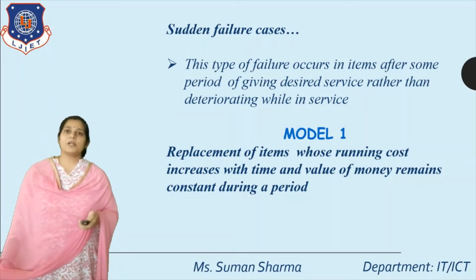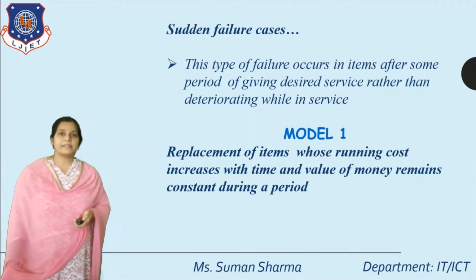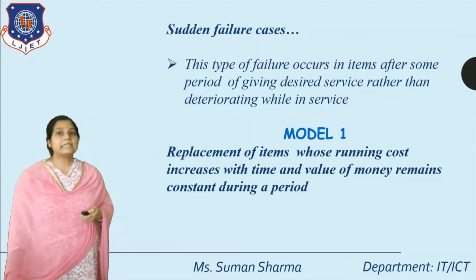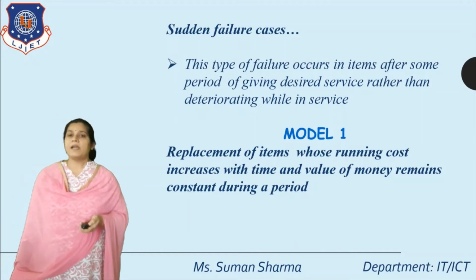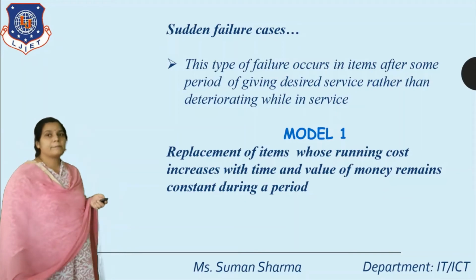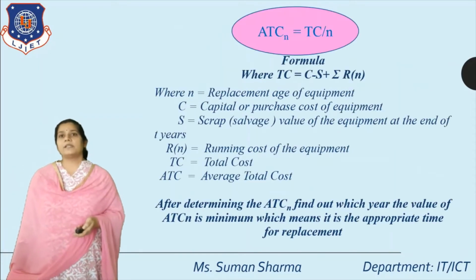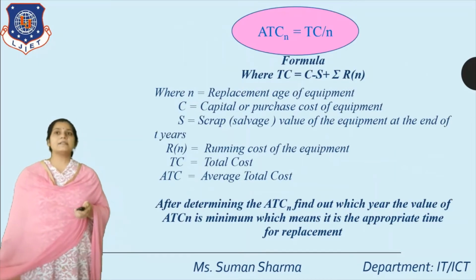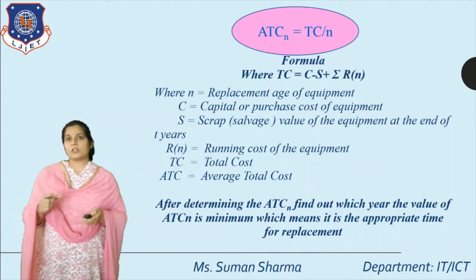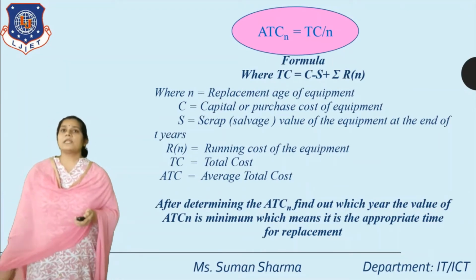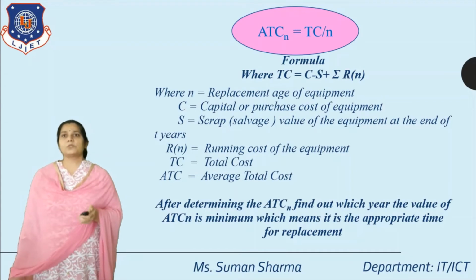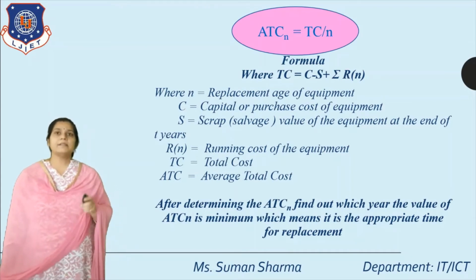According to model 1, the replacement of items whose running cost increases with time and value of money remains constant during a period. This is the formula of model 1. Average total cost is equal to total cost divided by the years.